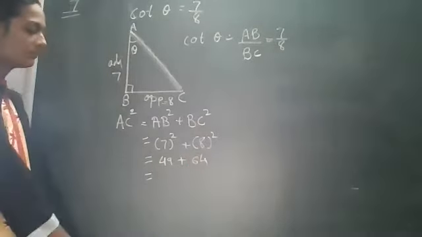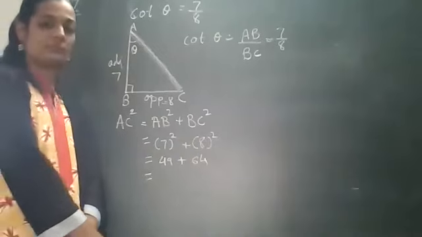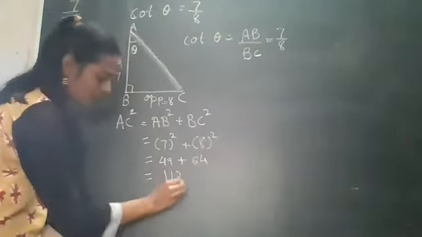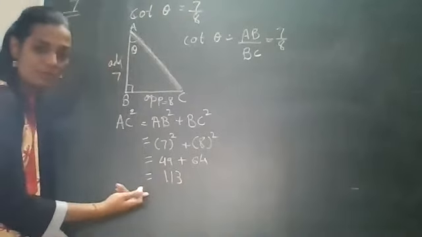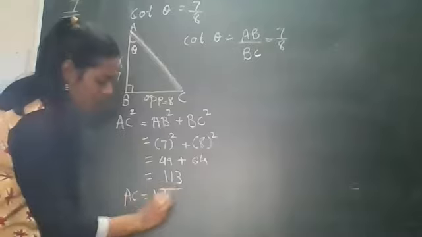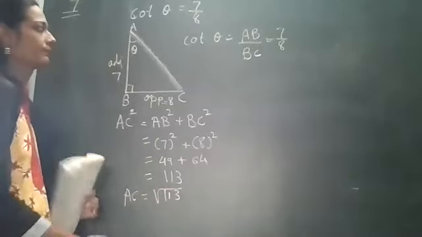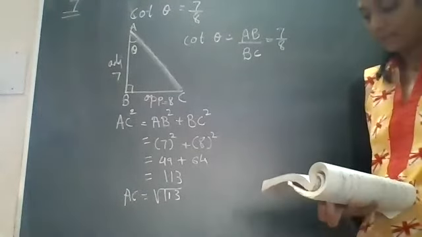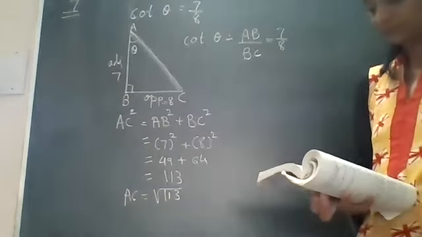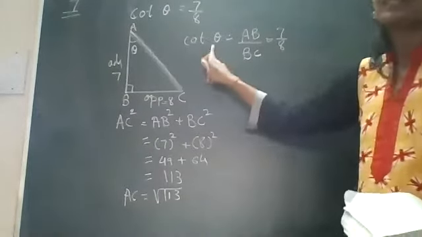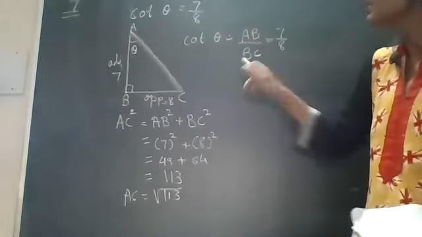So what will it become? 113. It is not possible to find the square root, so we can write AC is equal to under root of 113. Okay, any doubt regarding this? Cot theta is equal to adjacent upon opposite.